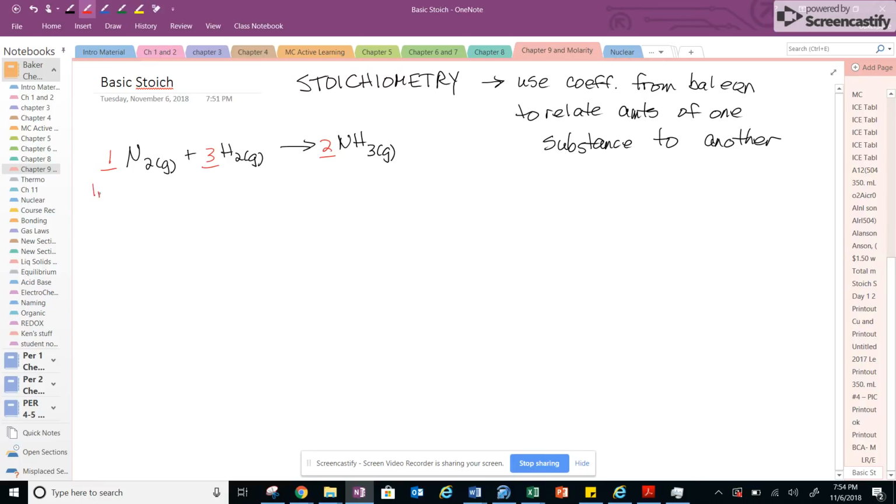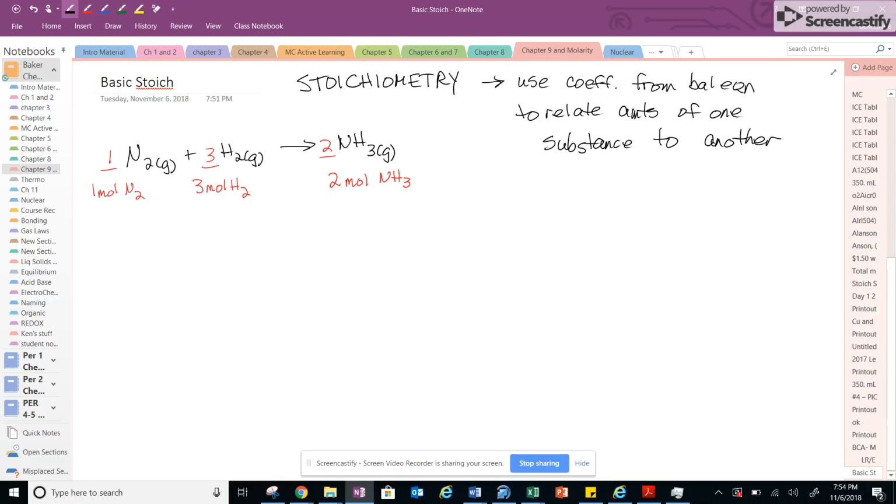So this means for every 1 mole of nitrogen that I react, I need to react with it 3 moles of hydrogen. And when I do that, I will produce 2 moles of NH3. Using the coefficients in the balanced equation to relate quantities of one of the chemical substances to another.